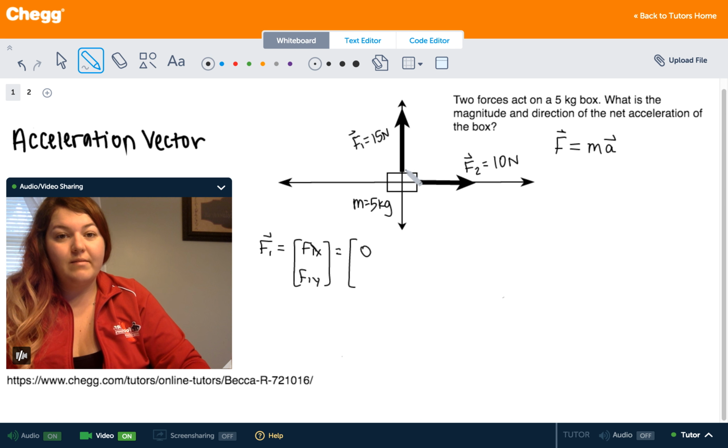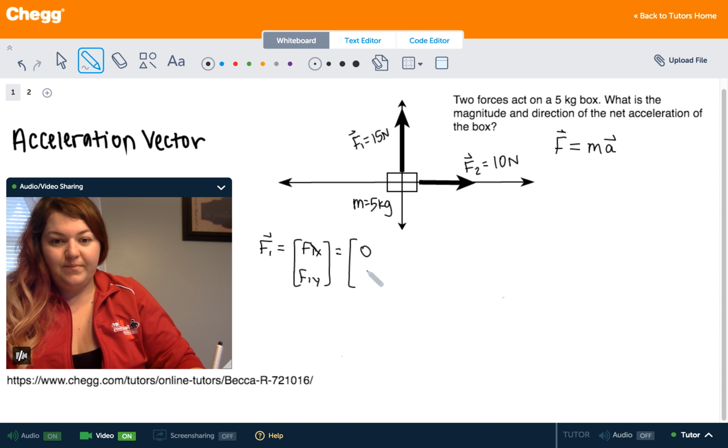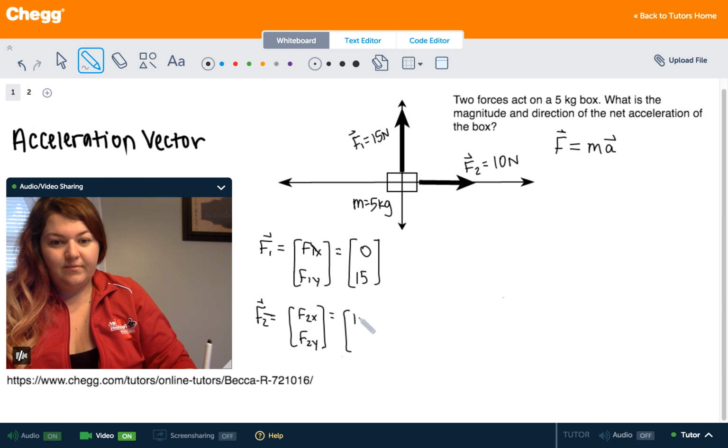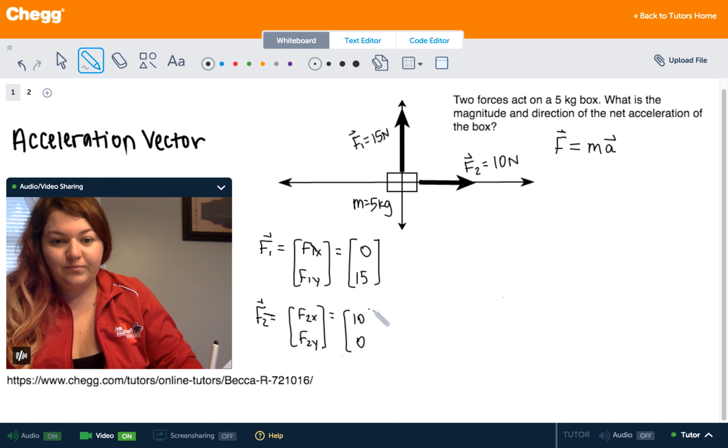So F1's y component is the entirety of F1 in the positive direction, 15 newtons. And for F2, it is the opposite situation. For F2x, it will hold the entire magnitude of the vector because the vector is pointed entirely along the positive x direction, and none of the vector is pointed in the y direction.